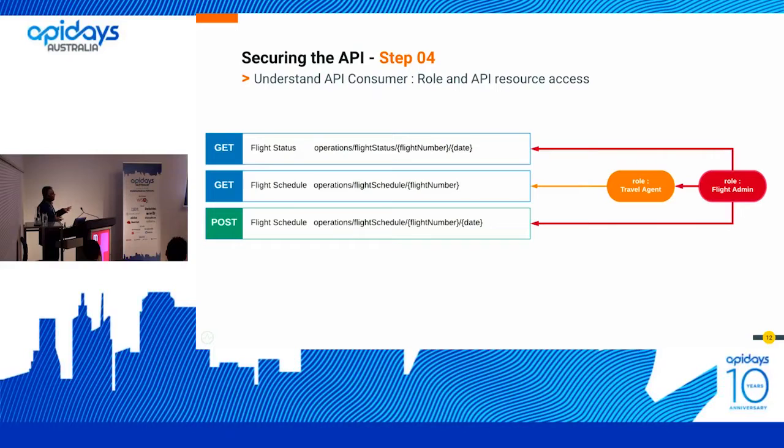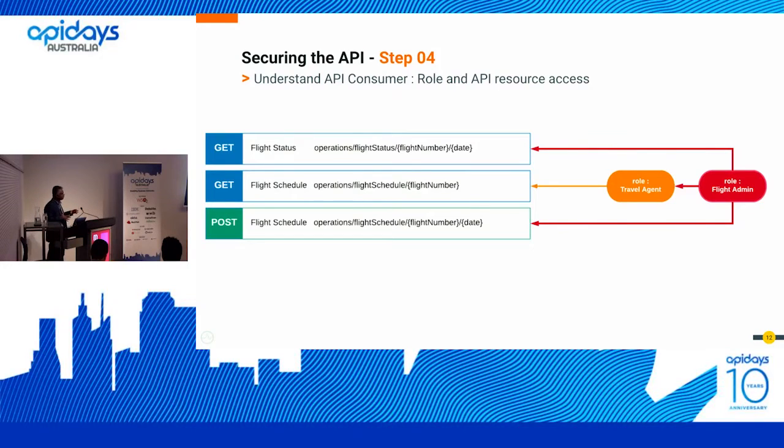So this basically means that you have passed your authentication and authorization step, and you have established the identity of the consumer, right? The same consumer, be it a system or a person, will have different roles against different APIs exposed by the same system.